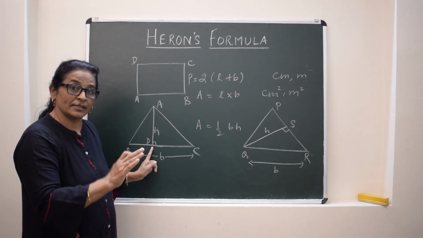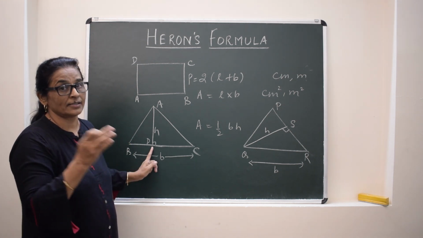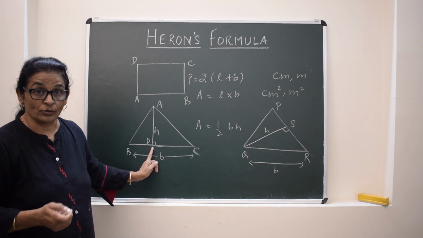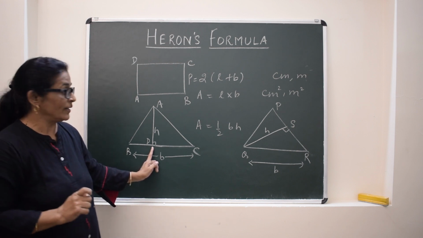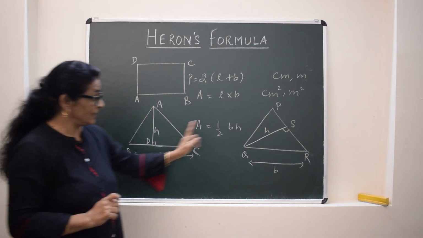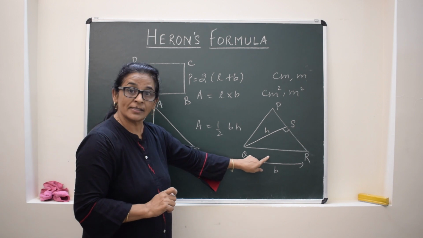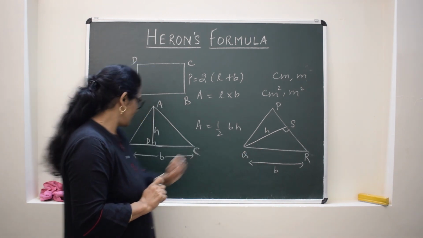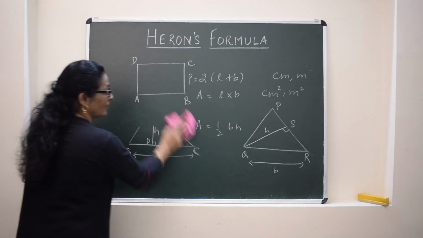It is not always necessary that the altitude we are drawing is inside the triangle. In some cases, it can fall inside. In other cases, like an obtuse angle triangle, it can fall outside also. But the most important thing is we have to see the base and the corresponding height. In this case, this base is given, but the corresponding height is not given. So what is important? I said corresponding height.